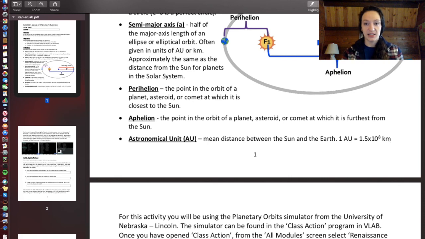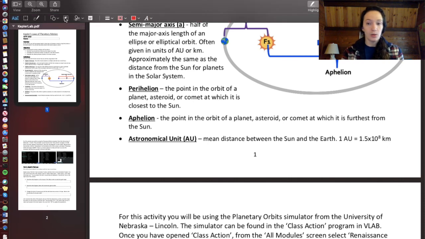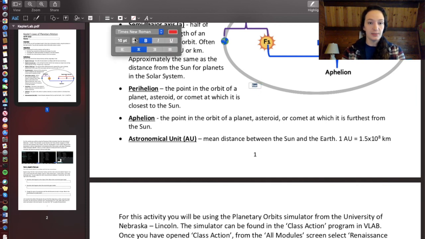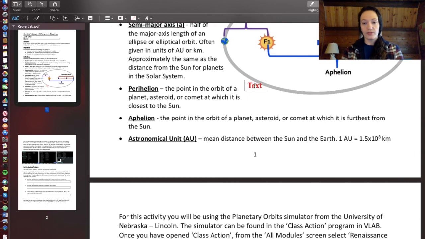1.5 times 10 to the 8 kilometers, let me make this larger so you can see what I'm writing. 1.5 times 10 to the 8 kilometers is 1, 2, 3, 4, 5, 6, 7 zeros after it. AKA, I have moved the decimal point to the right because it is raised to a positive value, 8 spaces.